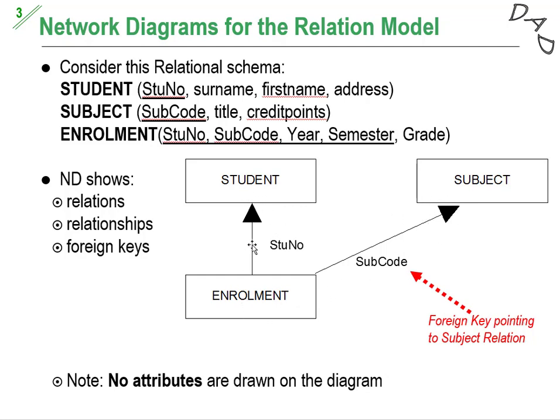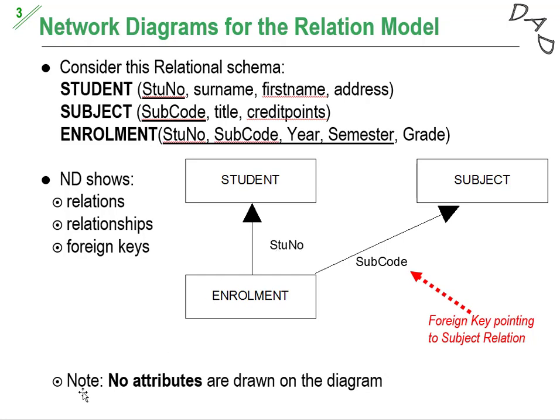These arrows show which foreign keys are related with which primary keys. Basically, enrollment borrows the student number from the student entity and subject code from the subject entity. So the foreign key of the enrollment entity points towards the primary key of the student, and the foreign key of the enrollment entity again points towards the primary key of the subject. So this is basically the network diagram.